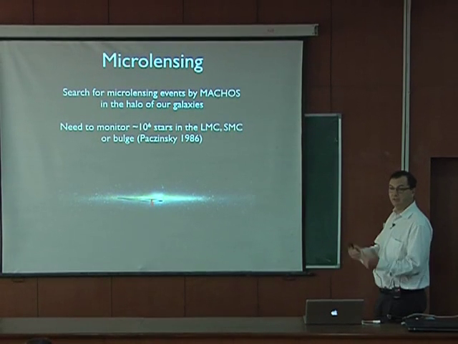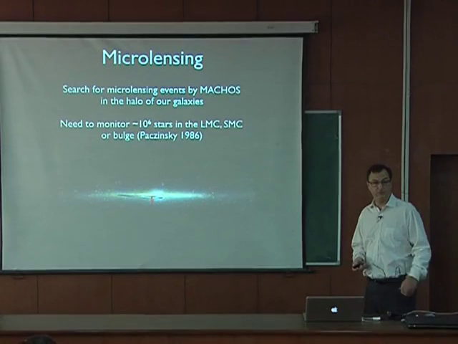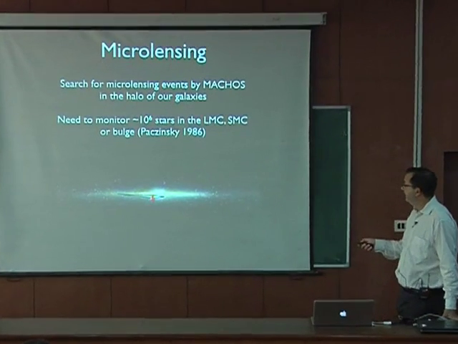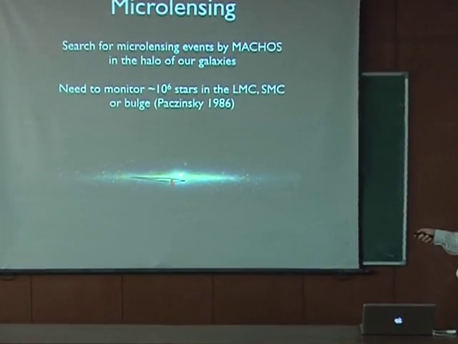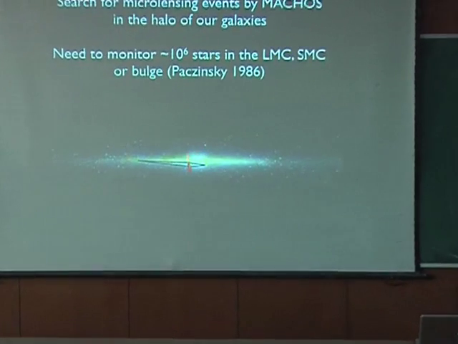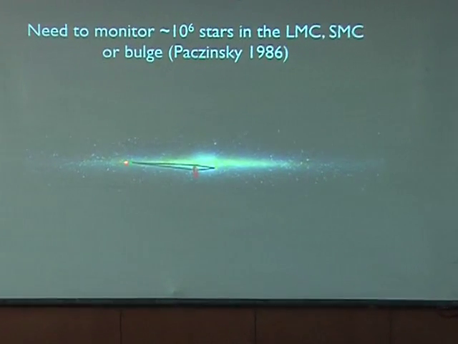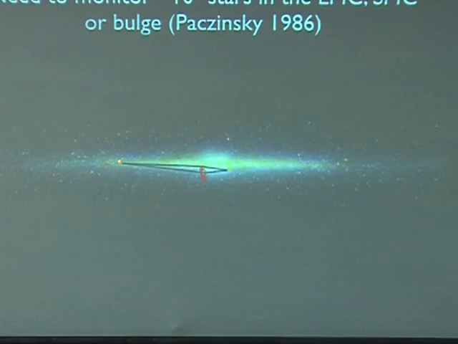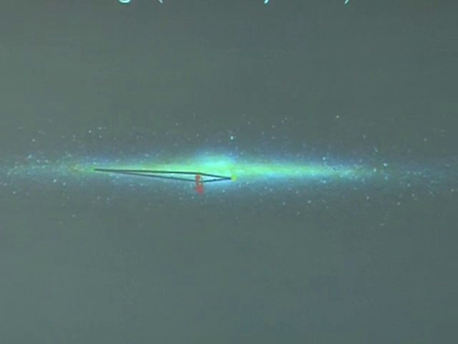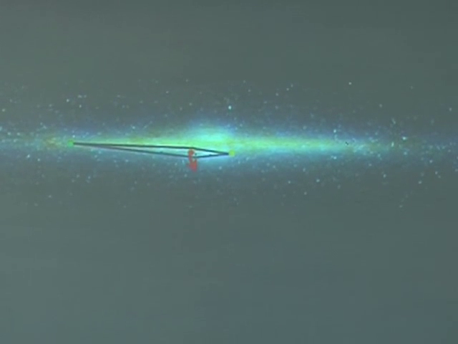So we see it, and we see the intrinsic flux of the star, no problem. And then from time to time, one of these compact objects moves close to the line of sight between the observer, the sun, and this background star. If it's close enough, then it should produce a lensing effect.